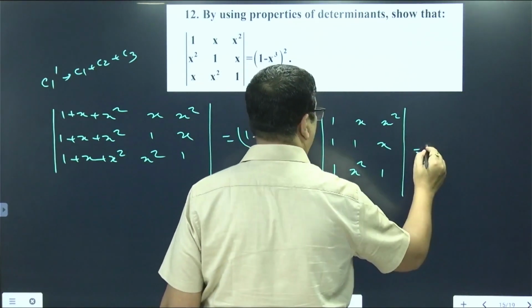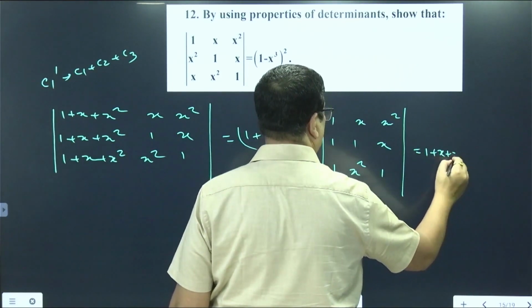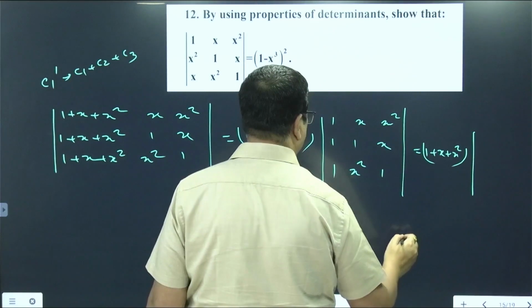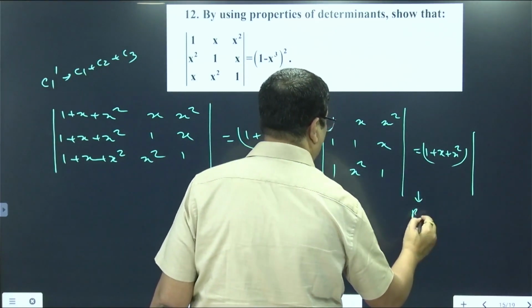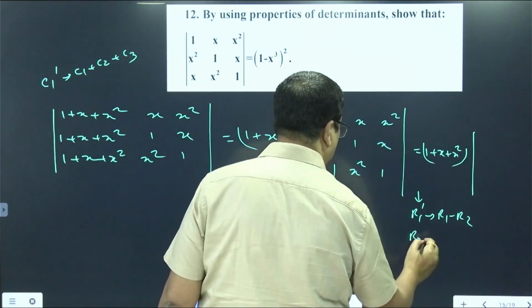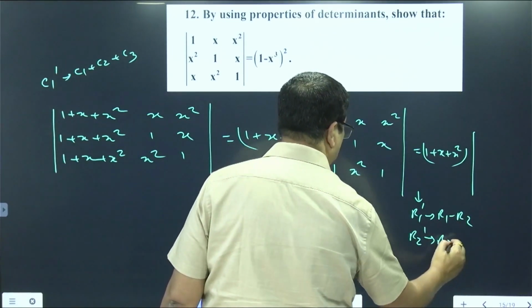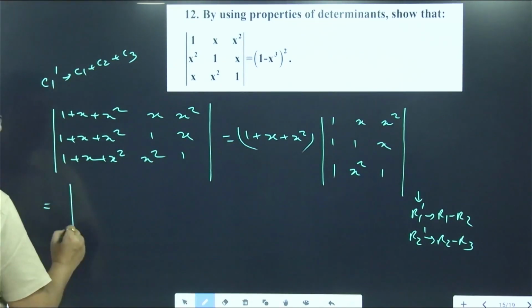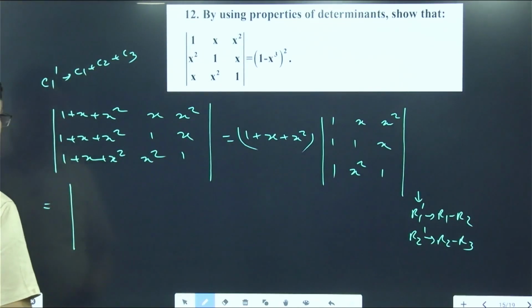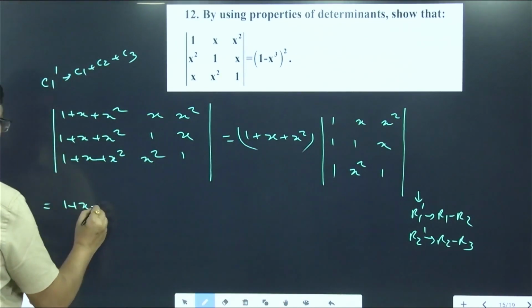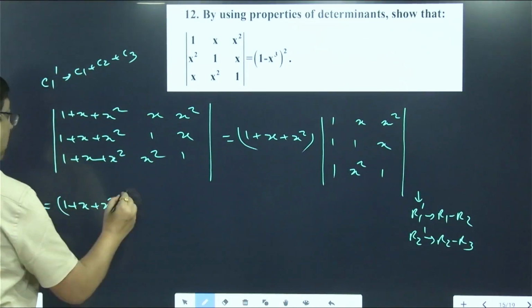Now 1 plus x square, let us operate R1 minus R2 and R2 minus R3. We are getting what? First of all, 1 plus x square.